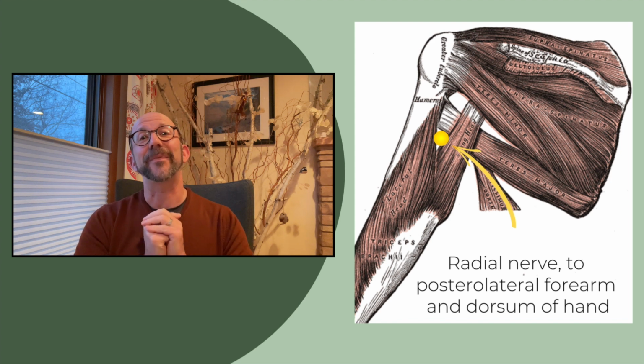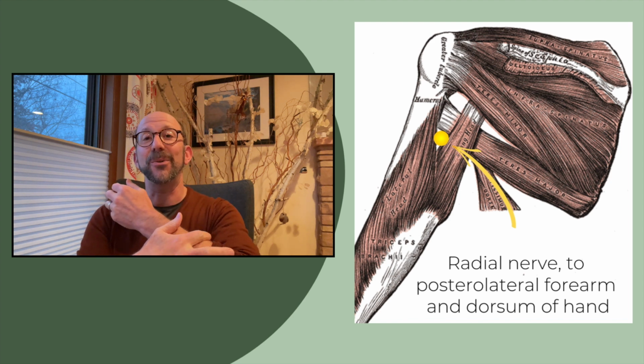It comes out there. Now, that radial nerve innervates the dorsum and the radial side of the forearm and the dorsum of the hand. So sometimes there's neurological pain, that hot spreading pain, tingling, or even loss of sensation in the posterior forearm, the radial side of the forearm, and the dorsum of the hand. That can be traced back to here.